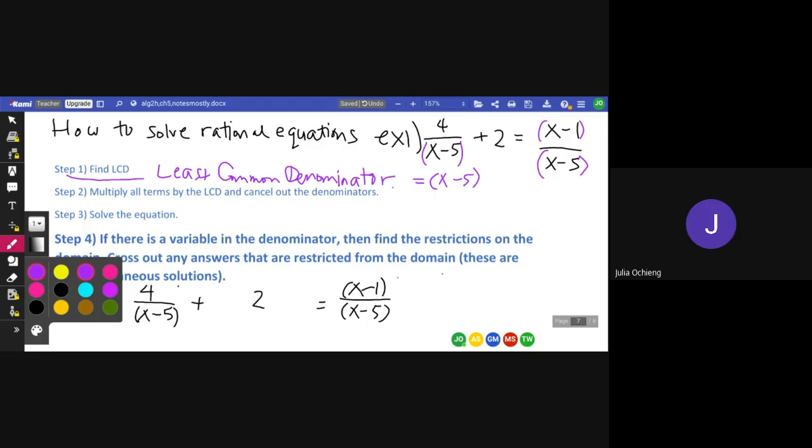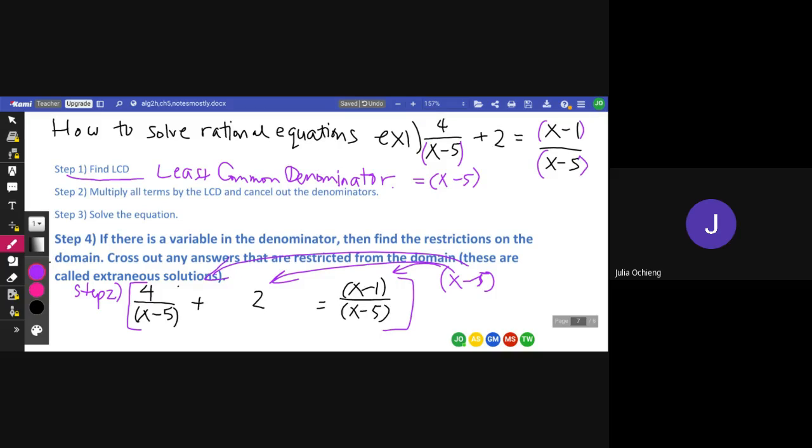All right, so I'm multiplying this whole fraction by x minus 5, the LCD. So that means that has to distribute to each term. So I'm going to multiply that x minus 5 times this term, and this term. So it's going to go to every single term in the problem. So I'm going to go ahead and write it out 3 times instead of only once, so that I don't forget that.